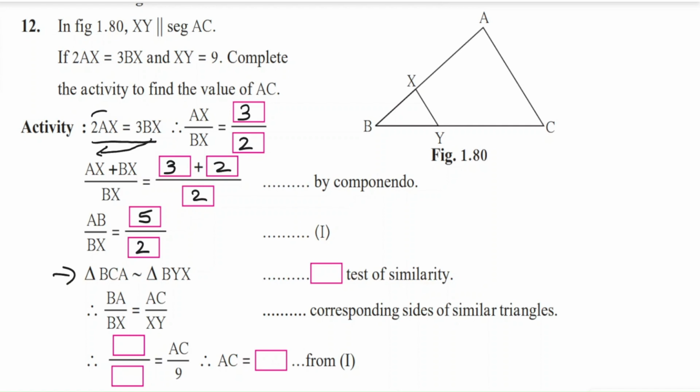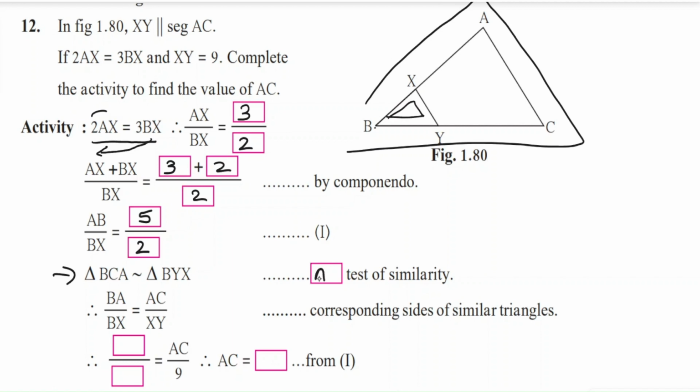Now see here, BCA full triangle and BYX this small triangle. Both are similar by AA test. Why AA test? Because these two are parallel, right? Parallel, so both corresponding angles we will take, right? Therefore both the triangles are similar by AA test.